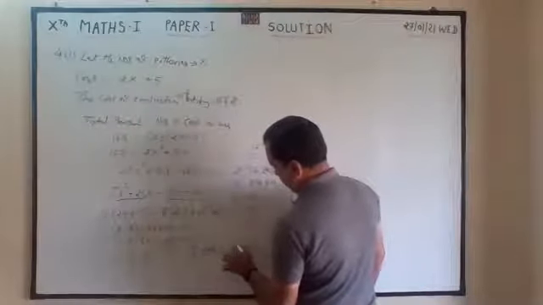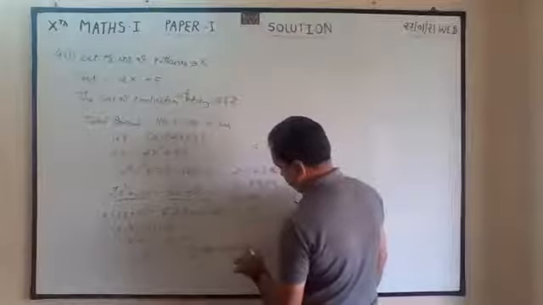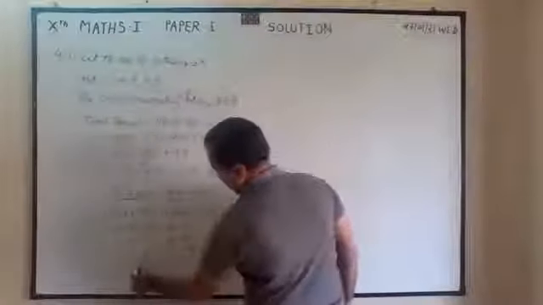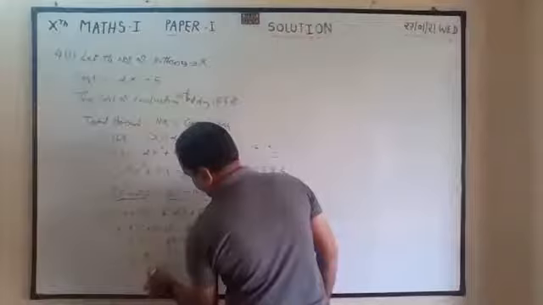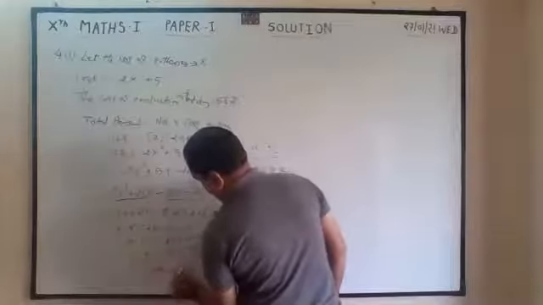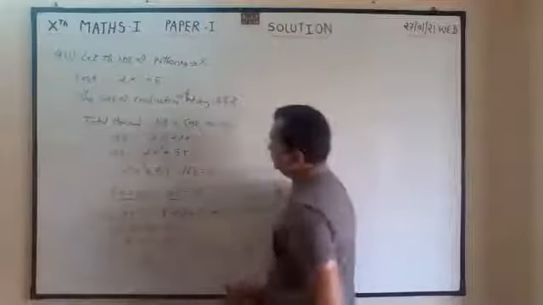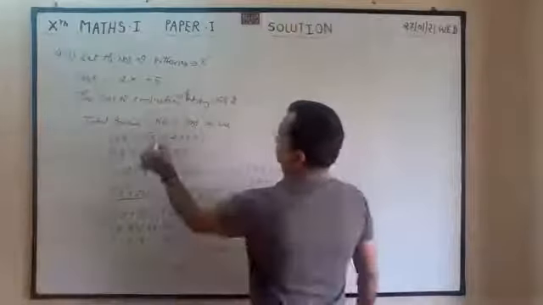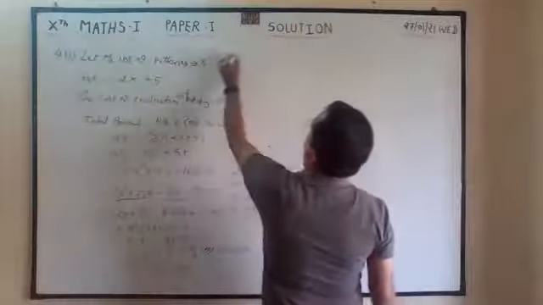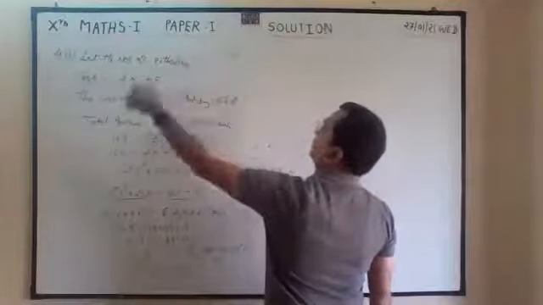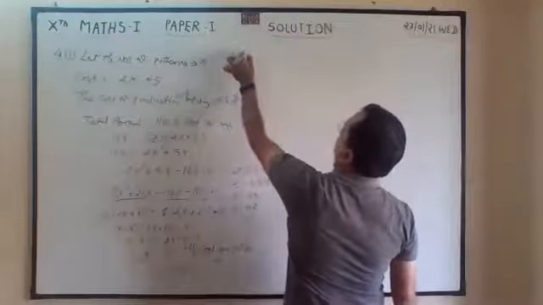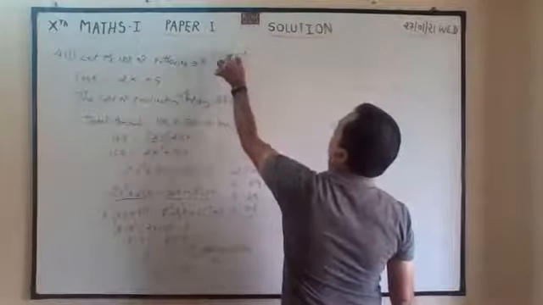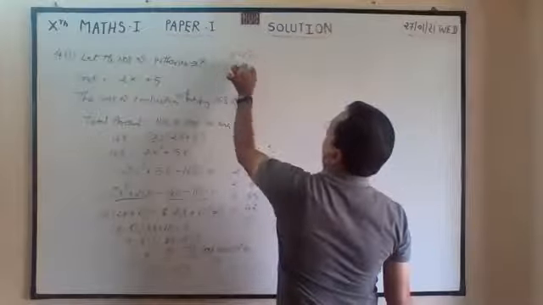Cost cannot be negative. Therefore, cost is equal to 8 rupees. Now 8 rupees is 5 more than the double: 8 twos are 16 plus 5, 21. 8 twenty-ones are 168.